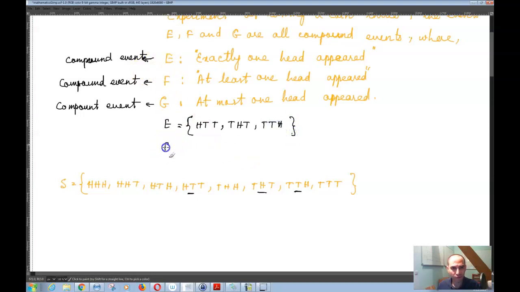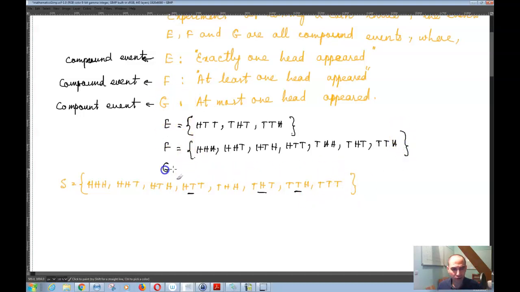F, at least one head appeared, you could write HHH, HHT, HTH, HTT, THH, THT, TTH, and that's it, not this one.